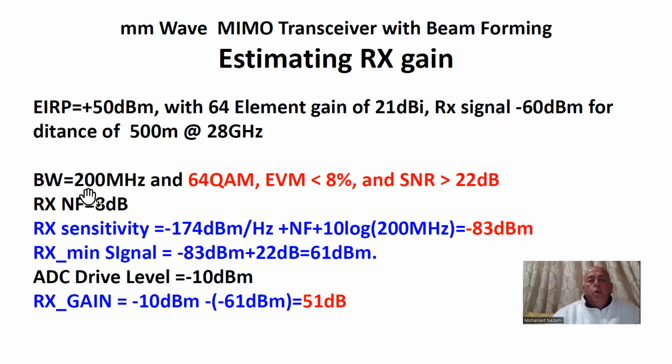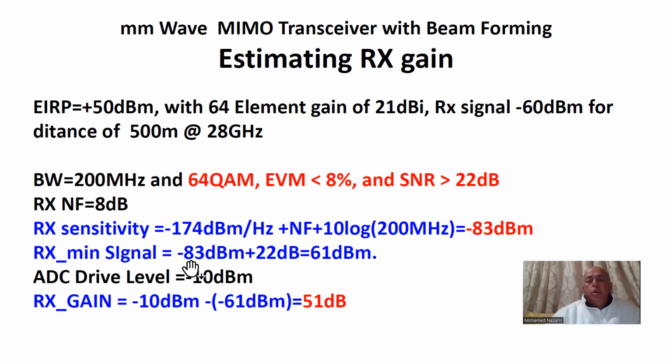Realizing that the Renesas chip that we have chosen, you can go back to videos 5 and 6 and see the details on that chip, the receiver noise figure is about 8 dB. So that means the receiver sensitivity is the noise floor in 1 hertz bandwidth, minus 174 dBm per hertz, plus the noise figure, plus the noise integrated over the bandwidth of 200 megahertz, which is minus 83 dBm.